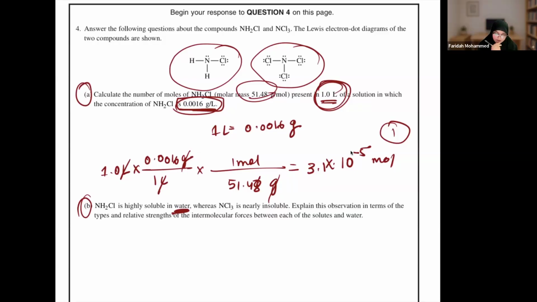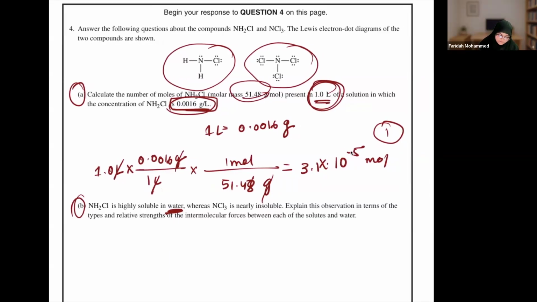No. Okay, so the first point, you're gonna get the first point if you have the correct IMFs. And listen, this is where students make the most mistakes. You want to talk about the IMF between that particular molecule and water. So you can imagine you have water here.